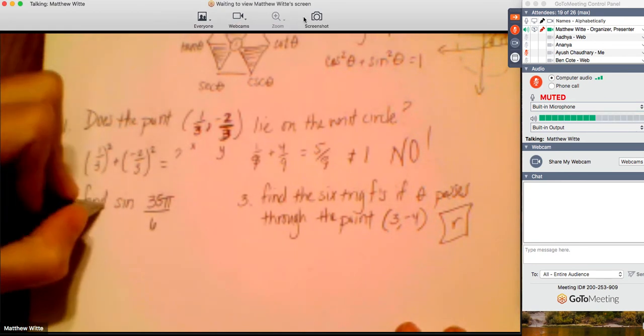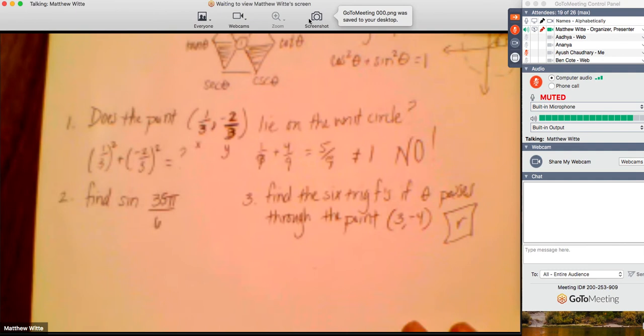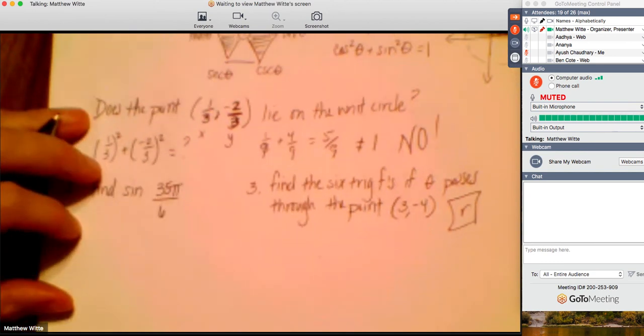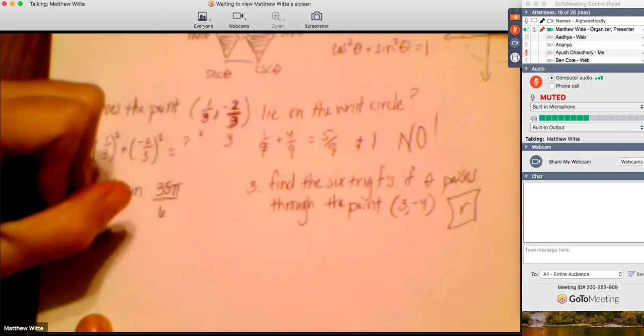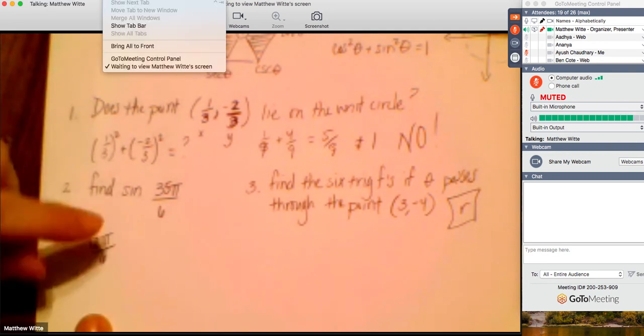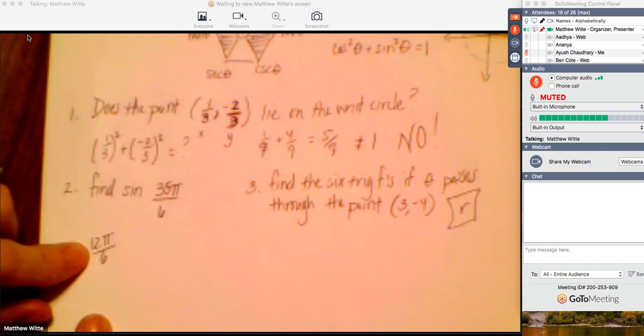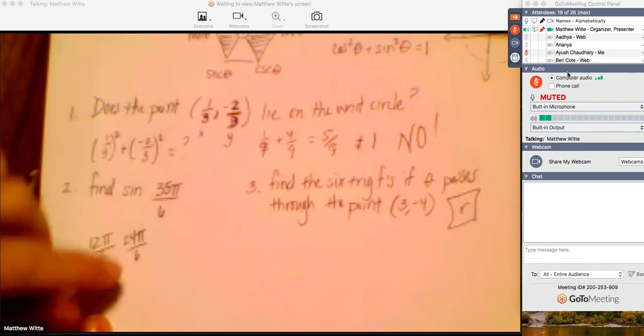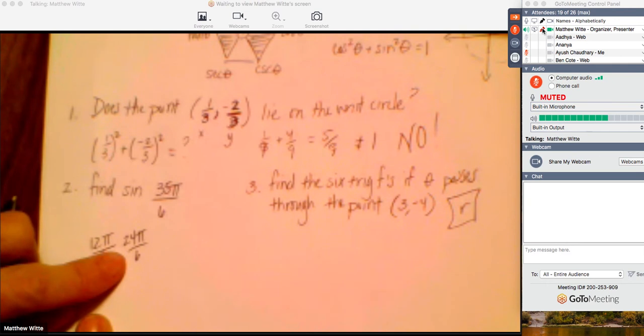All right, so the next kind of question I could ask you is find the sine of 35 pi over 6. So if you think about 35 pi over 6, that's just an angle that goes around the unit circle a few times. So how does that look? Well, I know that 12 pi over 6, which is 2 pi, is 1 complete revolution around the unit circle. I know that 24 pi over 6 is 2 complete revolutions around the unit circle.